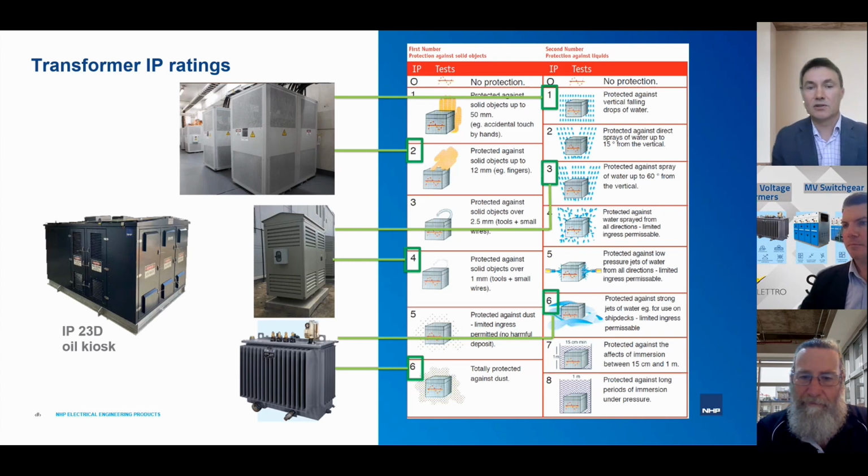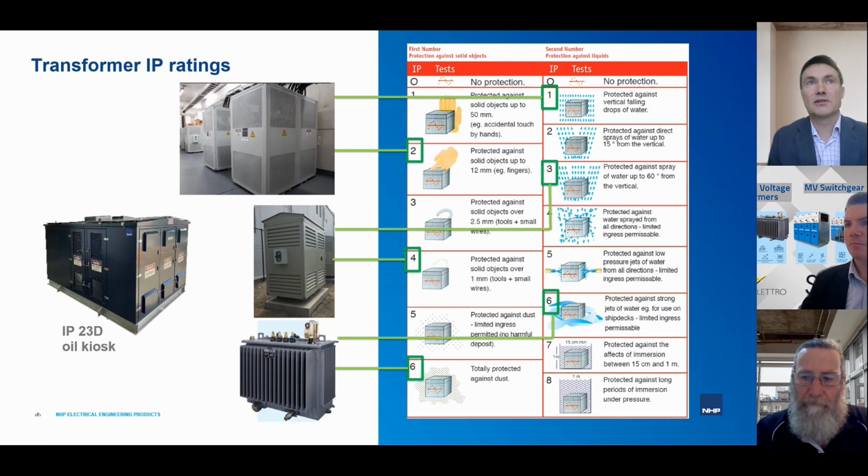If you look at the second digit, which is protection against water, what we're seeing as a minimum IP rating is 3. It protects against rain at a 60 degree angle, which is fine for many areas in Australia and New Zealand.